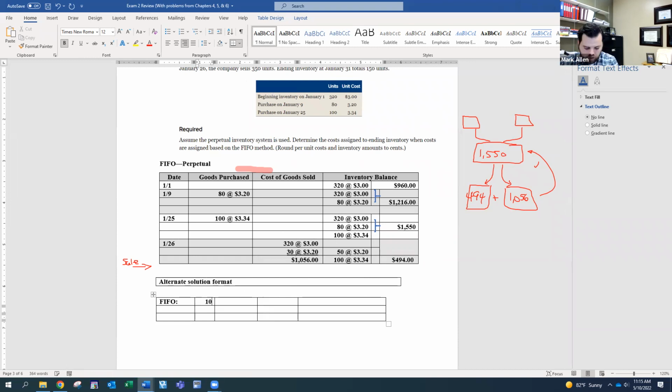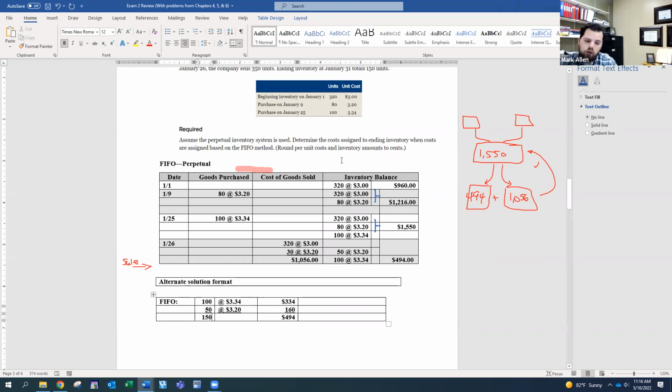So 100 at 3.34 gives me $334. And the last 50 at 3.2 gives me $160, which gives me a grand total here of $494 and 150 units.